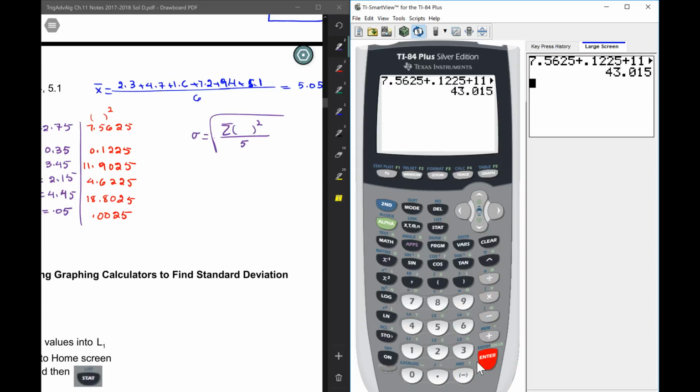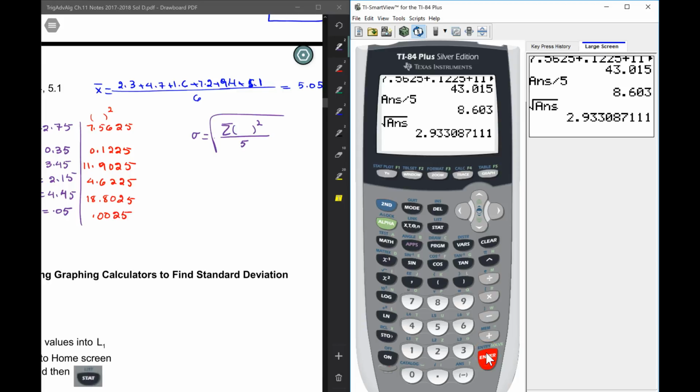I added them up. Now I divide by 5. And then I take a square root. So I get 2.933, which is approximately 3.